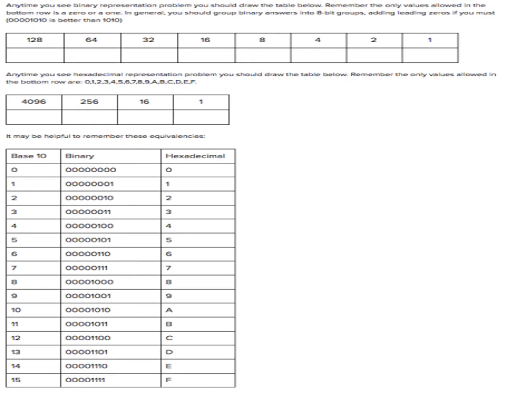Base 10: 0, 1, 2, 3, 4, 5, 6, 7, 8, 9, 10, 11, 12, 13, 14, 15.